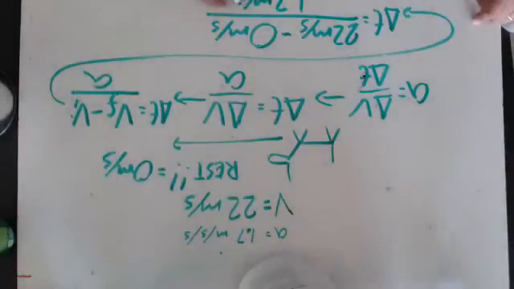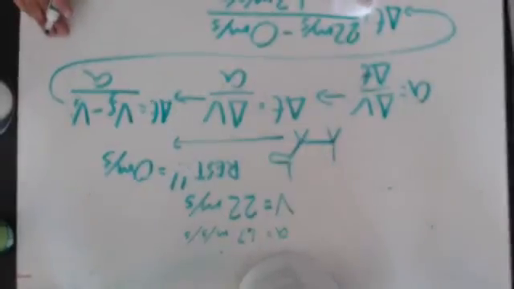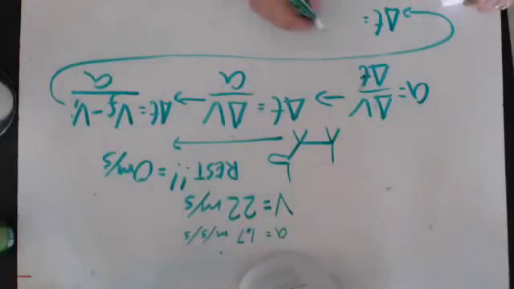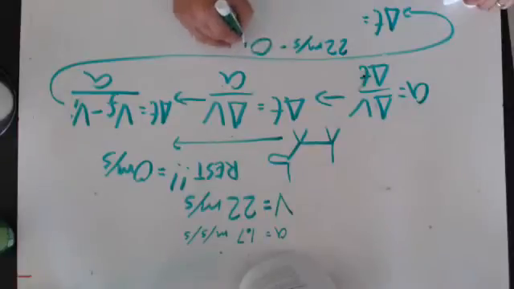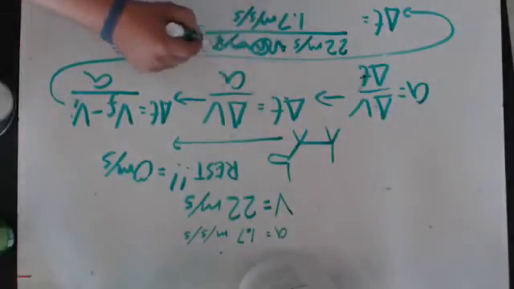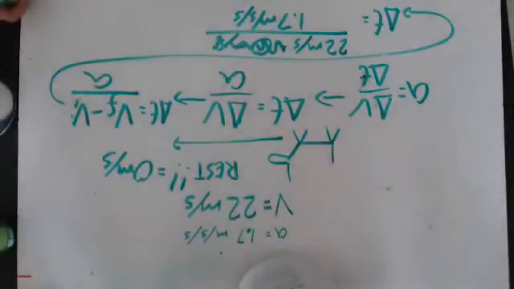1.7 meters per second squared. So I had 22 meters per second minus 0 meters per second over 1.7 meters per second squared. Now, I'm not going to do the math; you can see that this term goes away. But what I am going to do is look at the units.